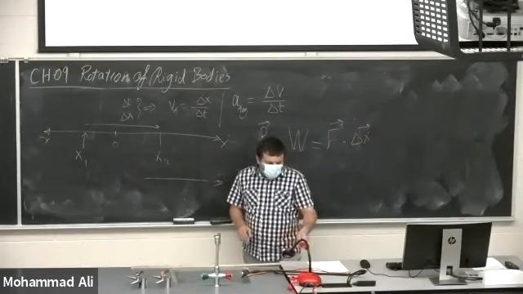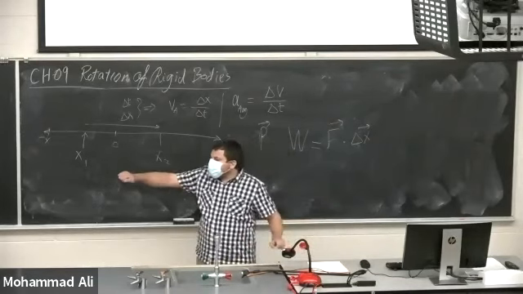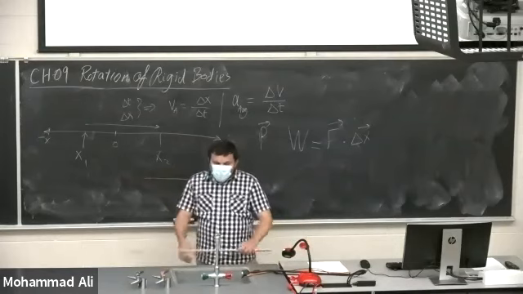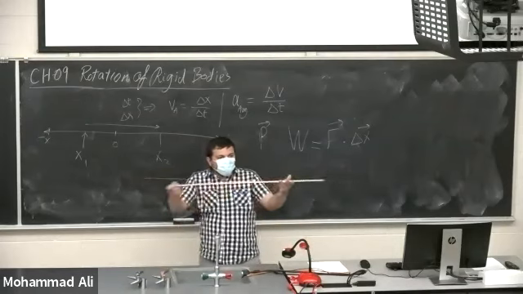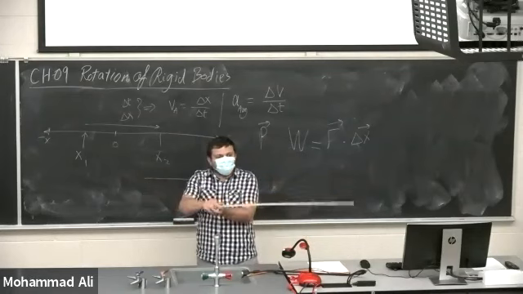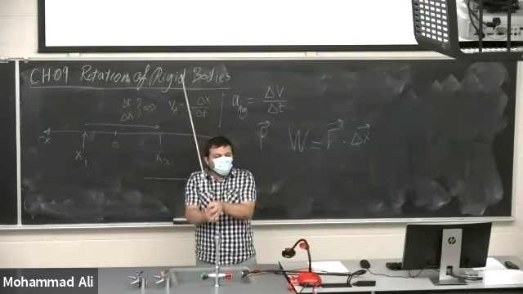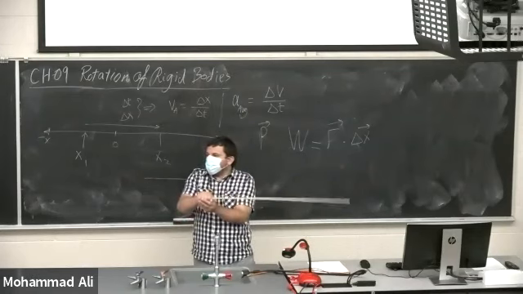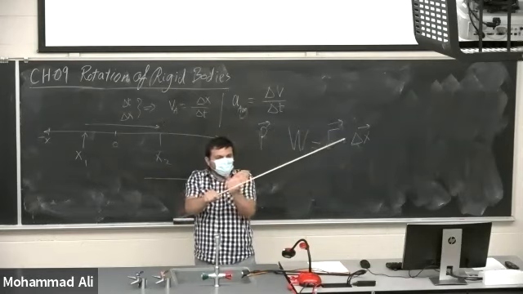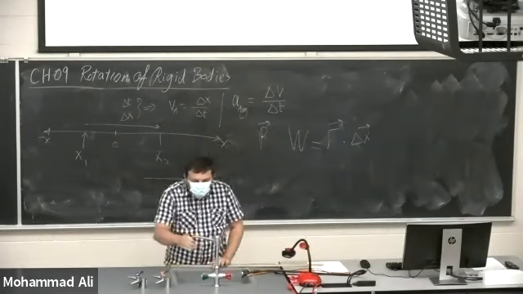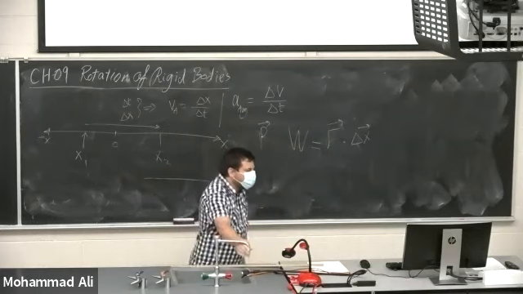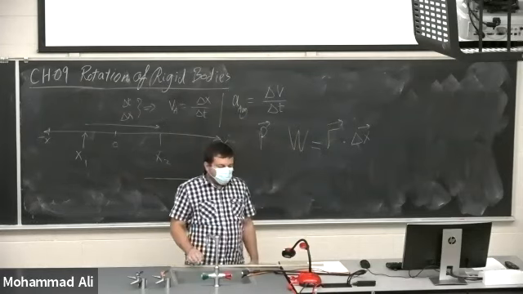For example, the door is closing with an angle. This motion is linear, but this motion is not. I change the angle of this vector. This is a vector. Also, this motion is rotation. Okay.